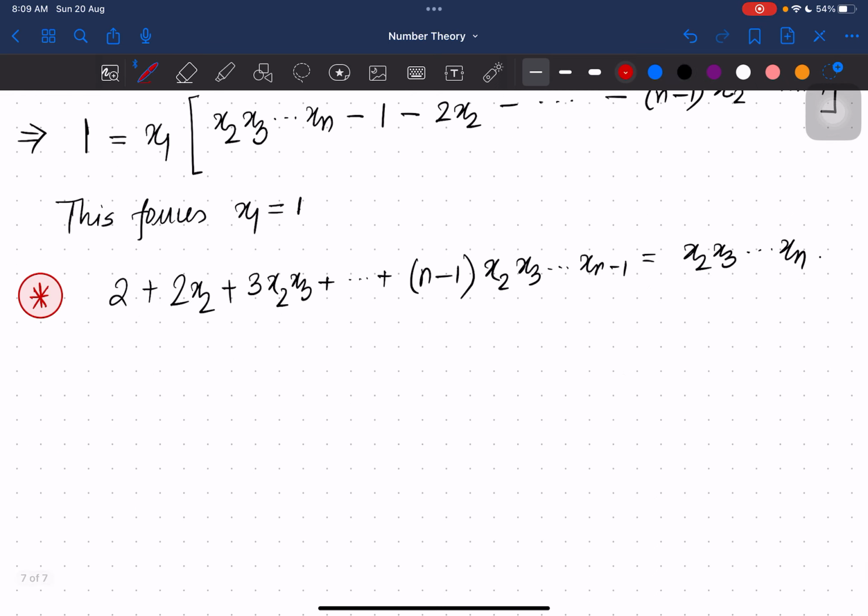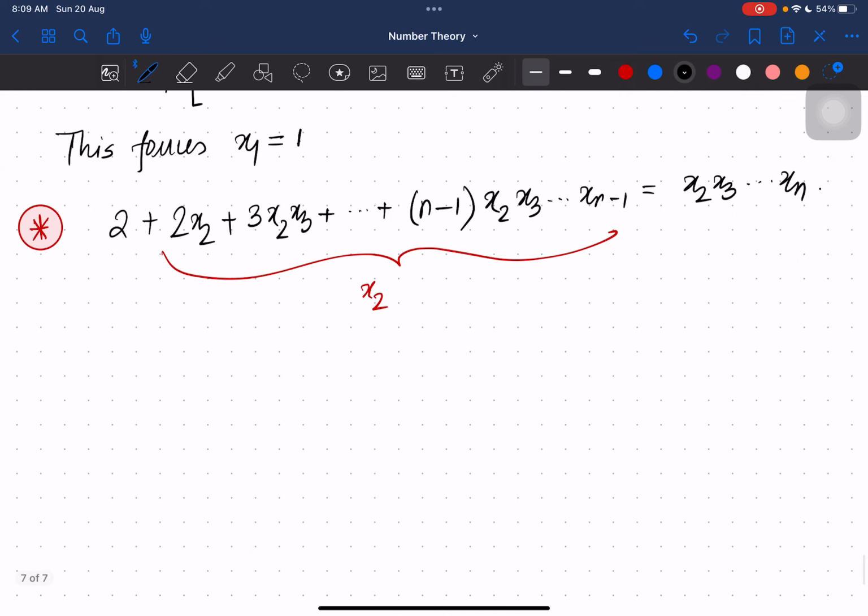Now same idea. Now all these terms contain x2, and this term automatically you can say contains x2. So if I take it to the other side, so 2 equals, I can take out x2, minus 2 minus 3x3 and so on.